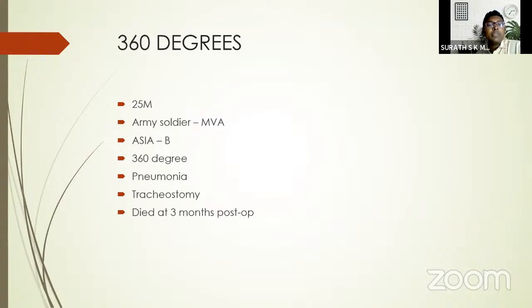So in a country like Sri Lanka, where there is no proper rehabilitation pathway, no proper rehabilitation system, it is really difficult for a patient, especially presenting with bifacet dislocation and having complete paraplegia or tetraplegia. It's extremely difficult to manage in our setup, because the rehabilitation system is not good at all. So it's a big burden to the country.